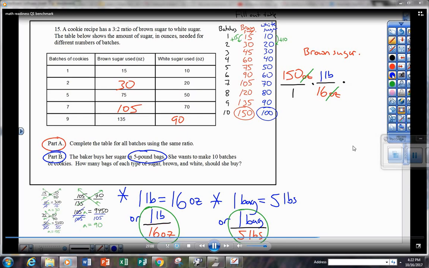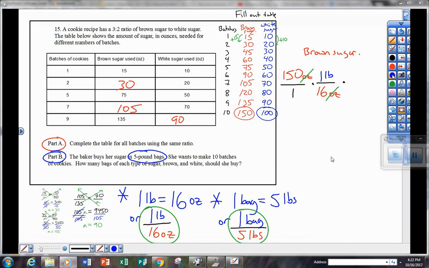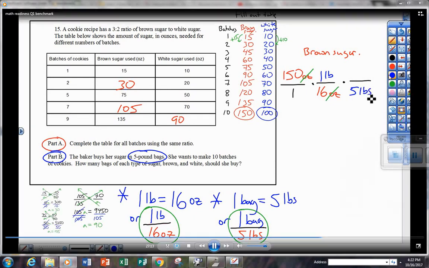I use the conversion of 1 bag for every 5 pounds. So that last conversion is 1 bag for every 5 pounds, a double conversion here.